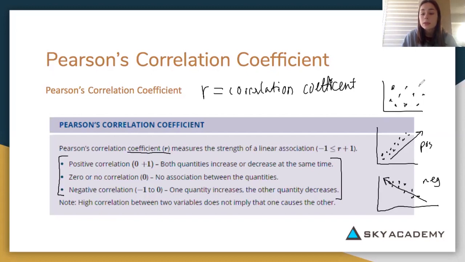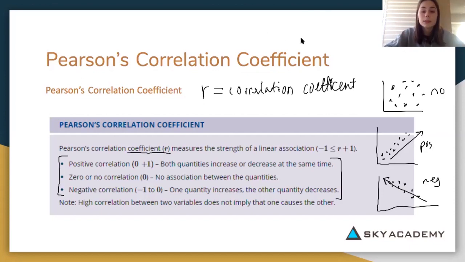They do not make a straight line. And a negative correlation, or a negative value for R, is when as one quantity increases, the other one decreases. So negative, they go opposite, and positive, they go together. They both increase or they both decrease.